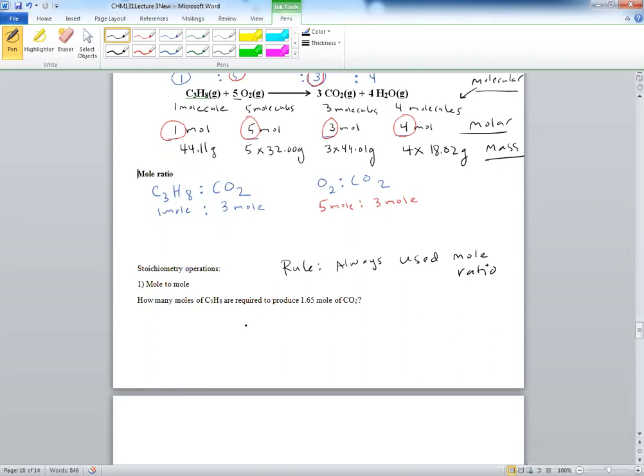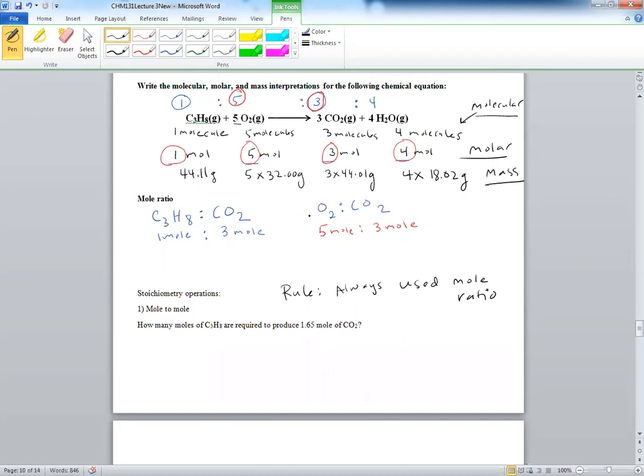Very well. So here the question says, how many moles of C3H8 are required to produce 1.65 moles of CO2? Now, again, I'm working with this equation. This is all in relation to this equation. So I might have to copy this into the next page. But let's look at this. It says, how many moles of C3H8? That's my unknown.